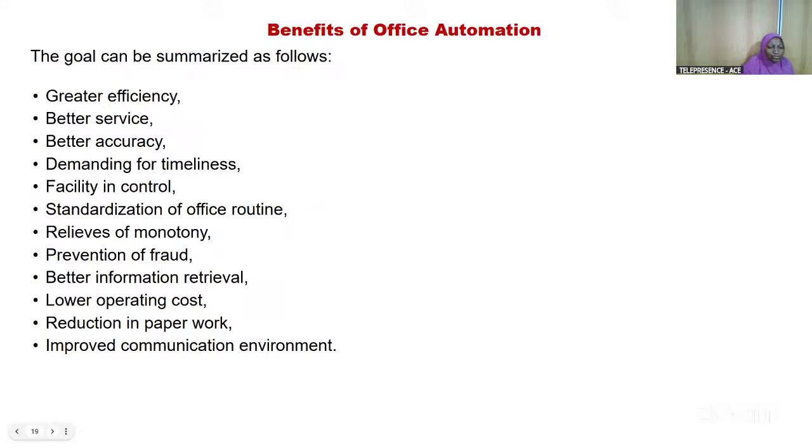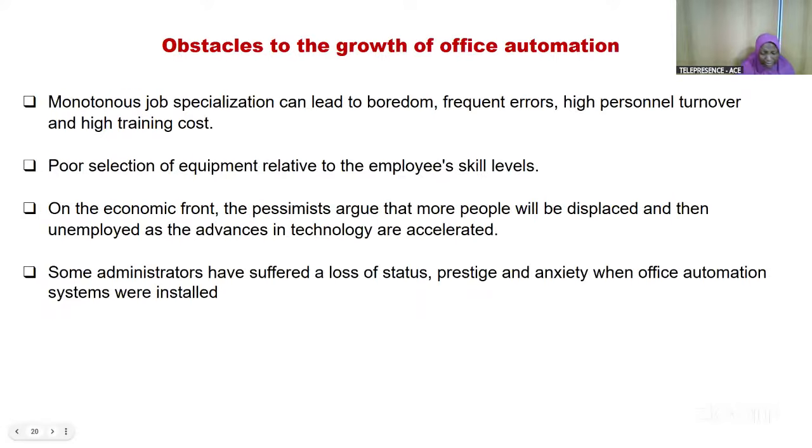You don't have to search through file cabinets, from letter A1, A2, A3 to AZ, before you get to where you're going. All these are made easier with office automation. So these are the advantages, but of course, there is no technology that will not have its own downside.